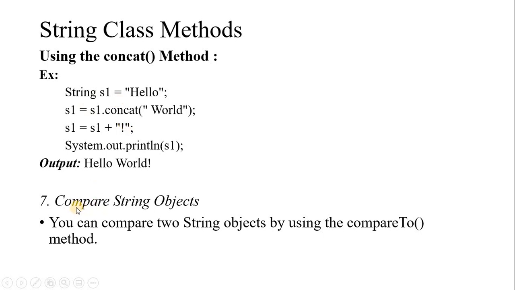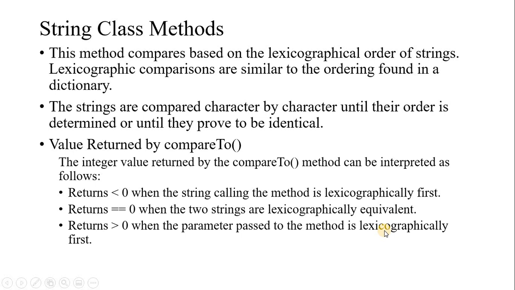The other method is comparing strings. We have a method called compareTo, which compares two strings. This comparison provides the lexicographical order, the order found in the dictionary.